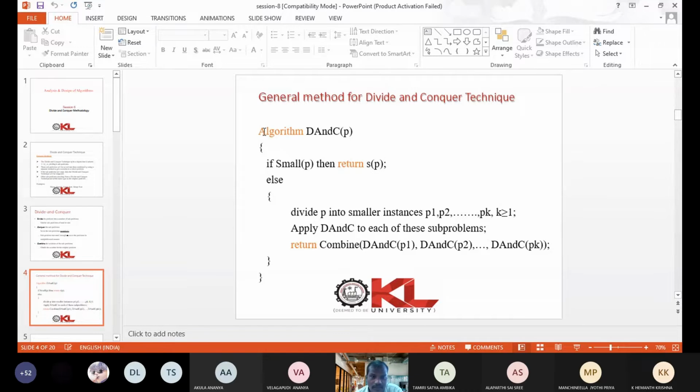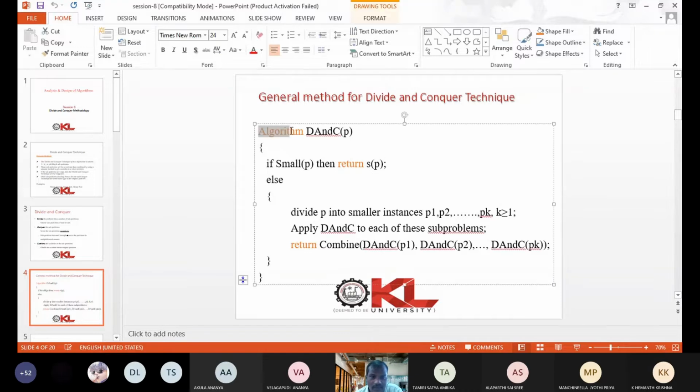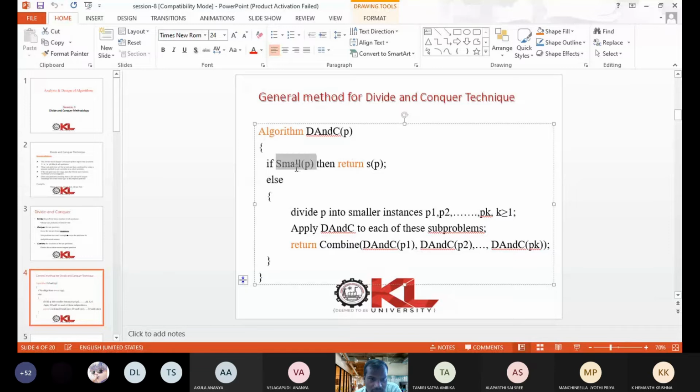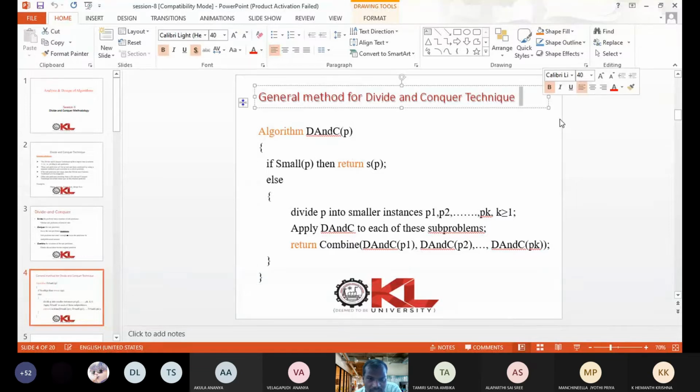You see, here the first one is the keyword Algorithm. The name of the algorithm is D&C, that means divide and conquer. What we are passing is P, the problem. Now check whether the problem is small or not. For that you use the function Small(P), which checks whether the problem is small or big.